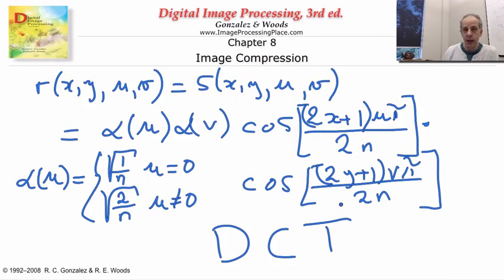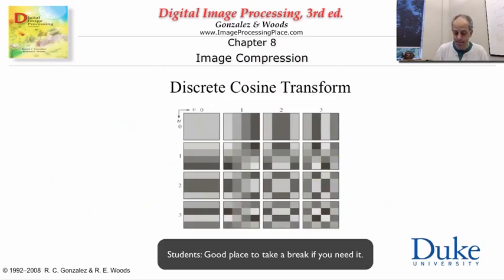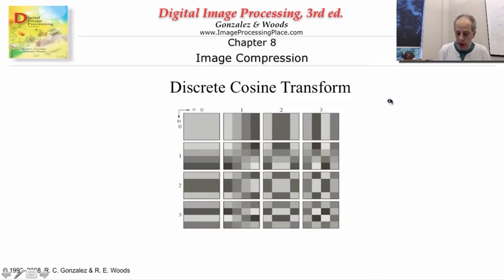Okay, let's just see it. I want to show you these functions. These are the matrices that will multiply your image, as we have seen in the previous slide, in order to get the transform. So here you see, in this case, just to make our illustration easy, we use n equal 4.